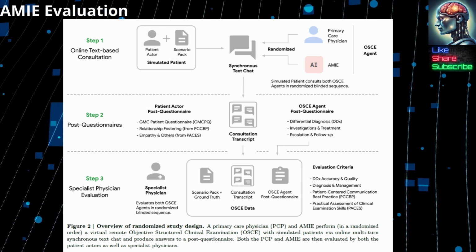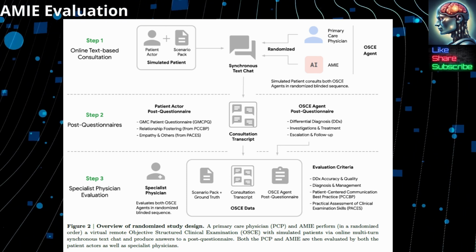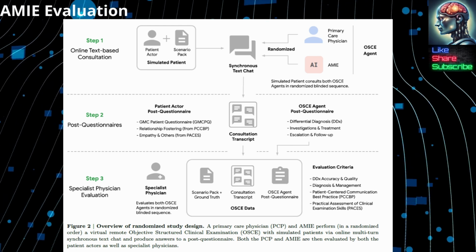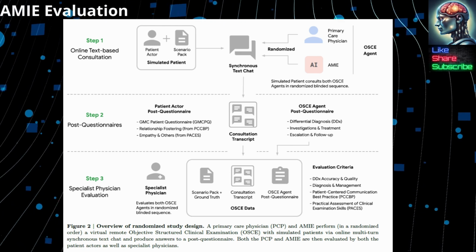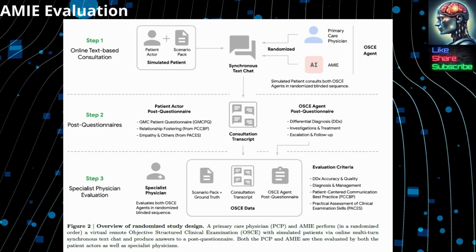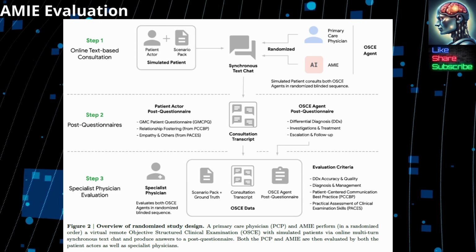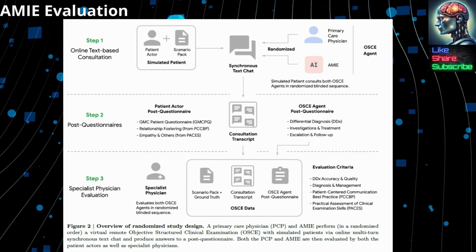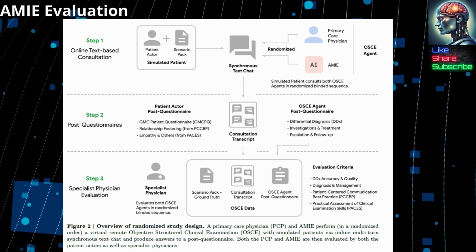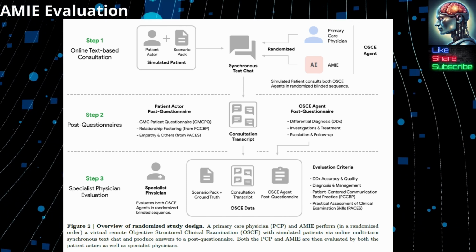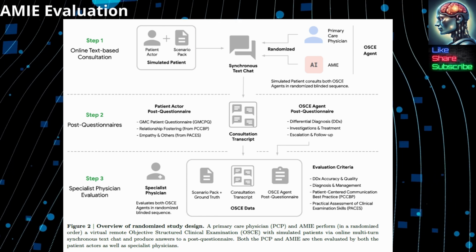For the experiment, each simulated patient completed 2 online text-based consultations via a synchronous text chat phase, one with a PCP and one with AMIE. The ordering of PCP and AMIE was randomized, and patient actors were not informed as to which they were talking to in each conversation.